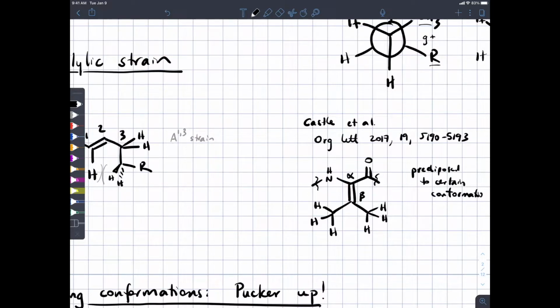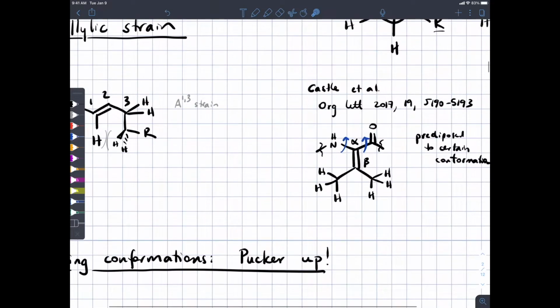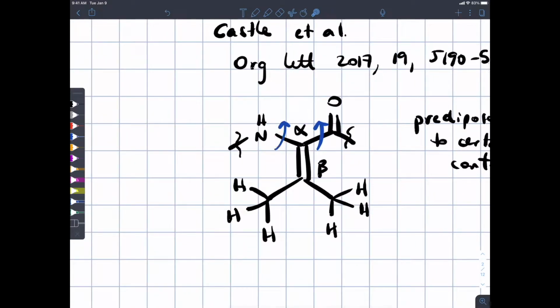If you notice in this amino acid, there are a couple of bonds that chemists are interested in for details of peptide and protein structure. There's this bond between the nitrogen and the alpha carbon, and then a bond between the alpha carbon and the carbonyl carbon. Those dihedral angles at those bonds are influenced by the presence of these bulky groups here.